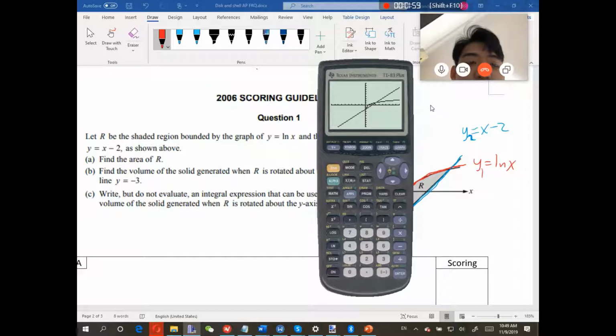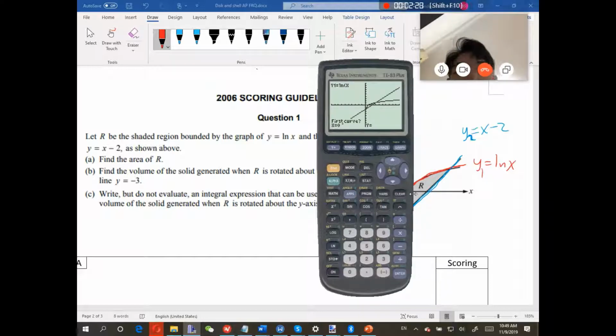Do you remember how to calculate an intersect? Okay, so we're going to go to second and then calculate. And then scroll down to intersect.